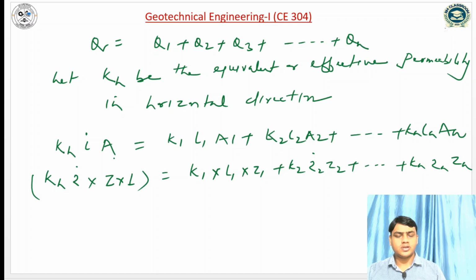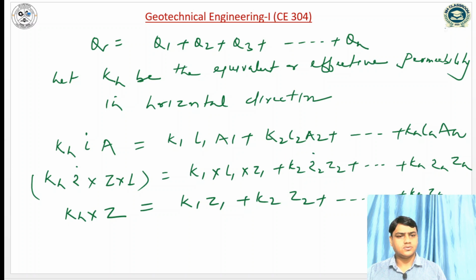As I told you, in the horizontal flow, or when flow is parallel to the bedding plane, at a certain time the head loss will be the same. So the hydraulic gradient will also be the same. So we can write I is equal to I1 is equal to I2 is equal to In. So it will be cancelled. So Kh into Z is equal to K1 Z1 plus K2 Z2 plus so on and so forth, Kn into Zn.